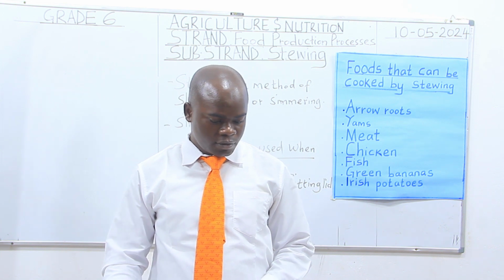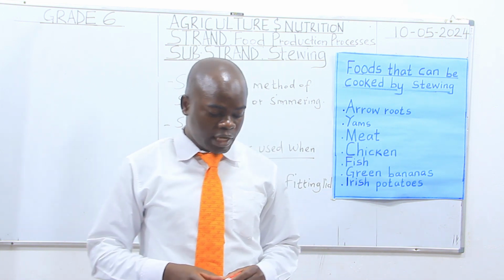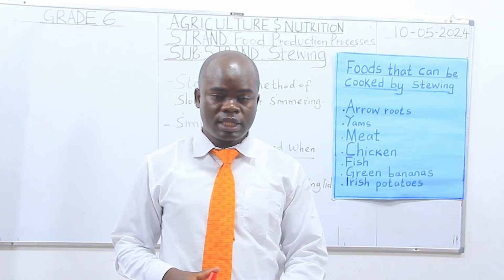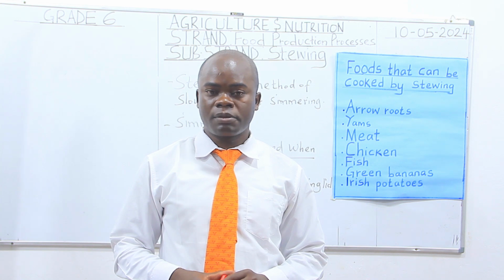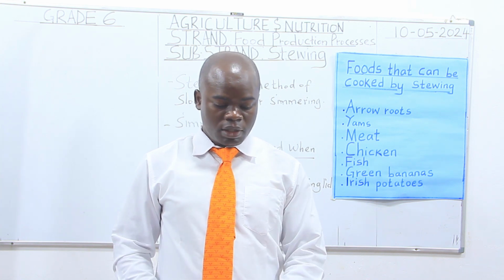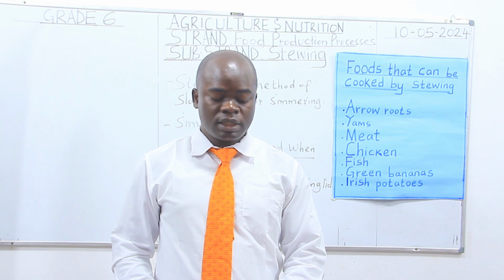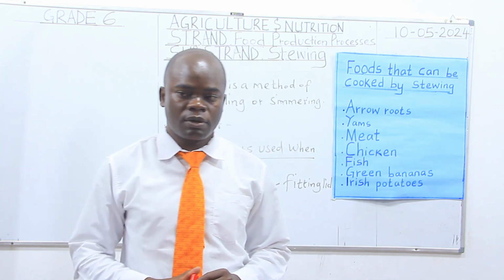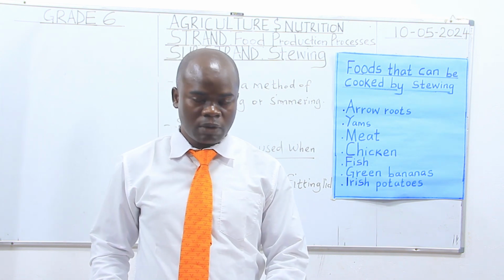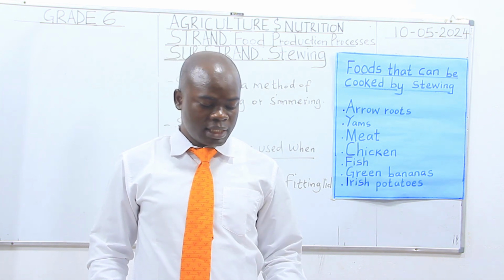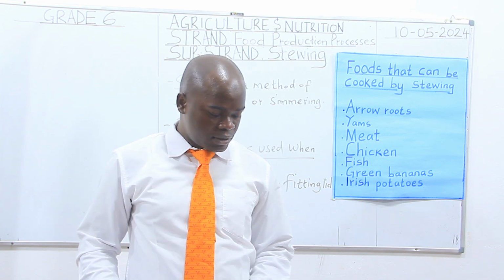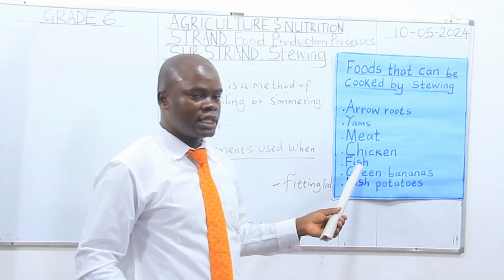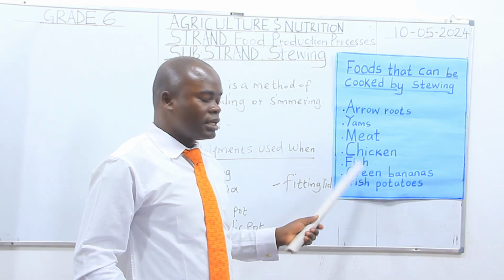So, learners, having said that, you need to consider these safety measures when stewing. When we will be doing this practically, that is cooking food, we will pick one of these foods that are mentioned in the chart, for instance, the green bananas.